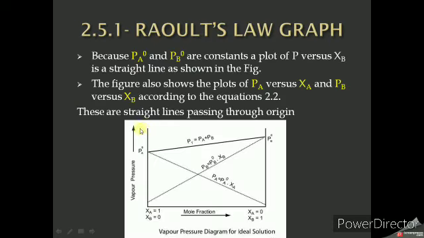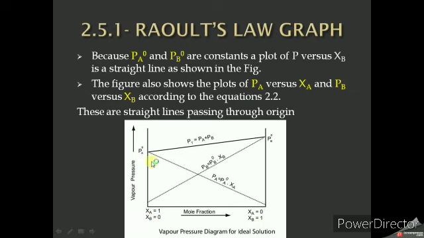On the y-axis we kept vapor pressure, and on the x-axis we kept mole fraction. At the initial state, the mole fraction of component A is 1 and that of B is 0. At the other end, the mole fraction of component A becomes 0 and B becomes 1.